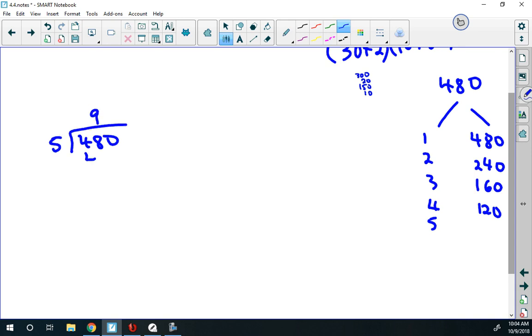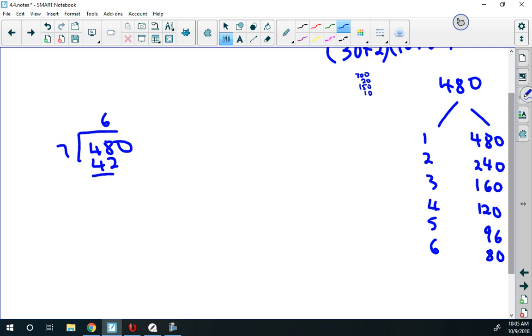It's going to be 9. That's a 96. 5 and 96. 6 and 80. 7. I wonder if 7 goes into 480. 7 times 6 is 42. Nope, 7's not going to work. 8's going to work 60 times.